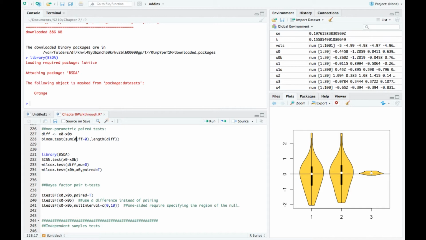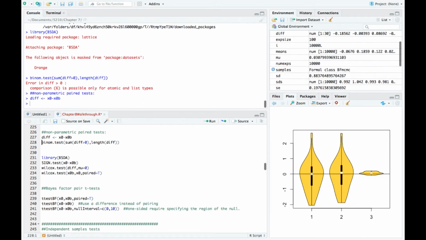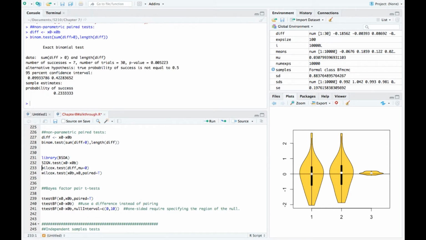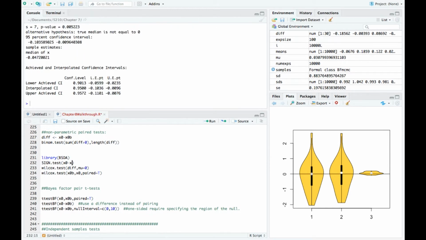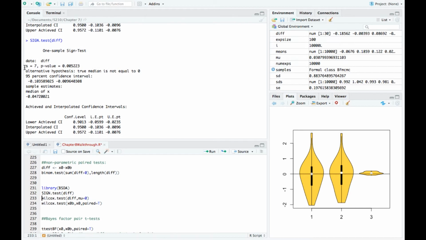So that's the same as this slightly more wordy version, or in fact I calculated diff so I could do a sign test on diff. So now this is still highly significant. I get 7 cases that match the sign difference. 7 out of the 20 were higher than 0, and that p-value is very small.